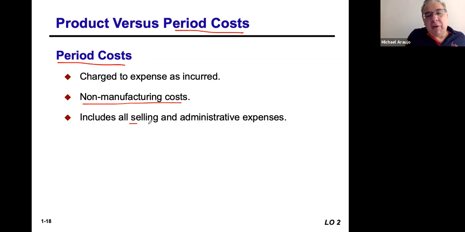Basically, all the selling expenses that a company has, all the administrative expenses that a company has, just to run the business. These are considered period costs versus product costs. So these are just associated with a particular period of time, not specific to a product. Product costs are specific to a product.